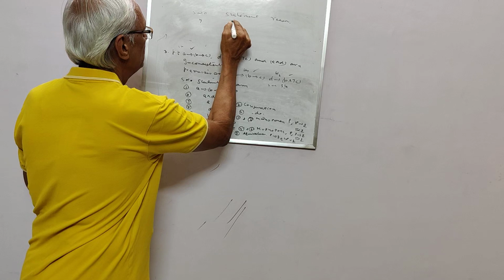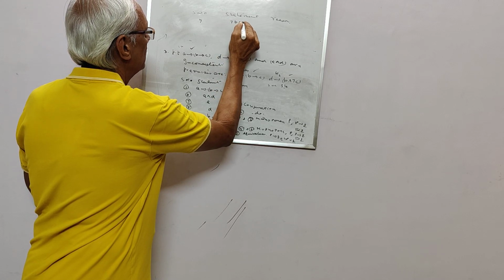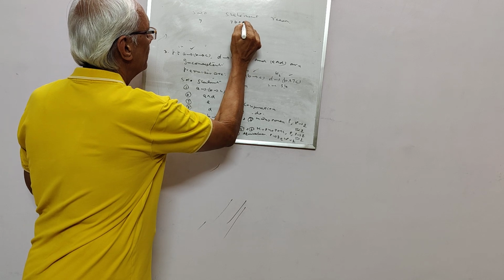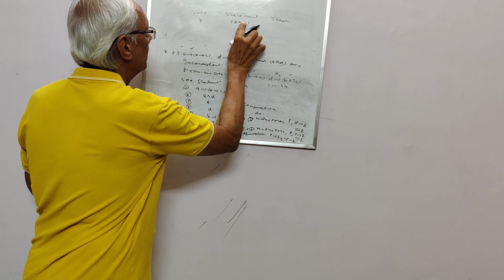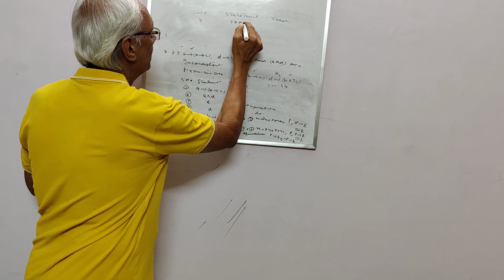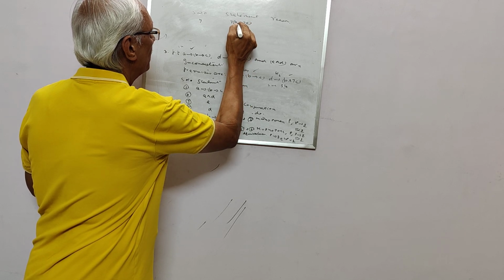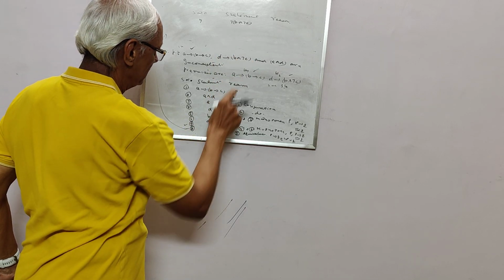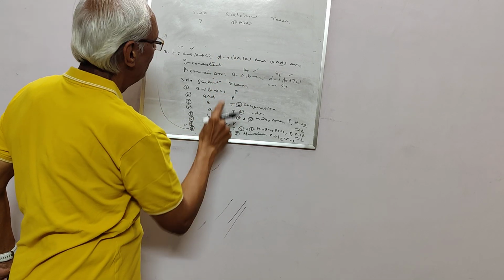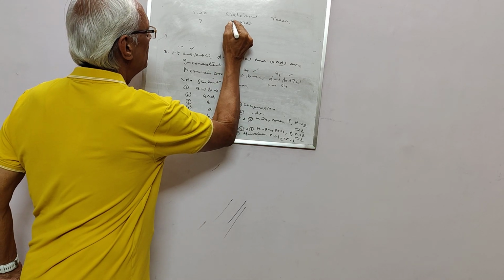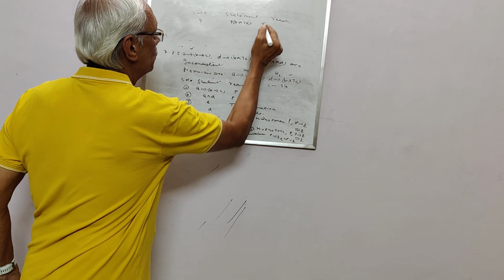Here, negation of B intersection C. So I will write this 9 as this is negation of this is true.